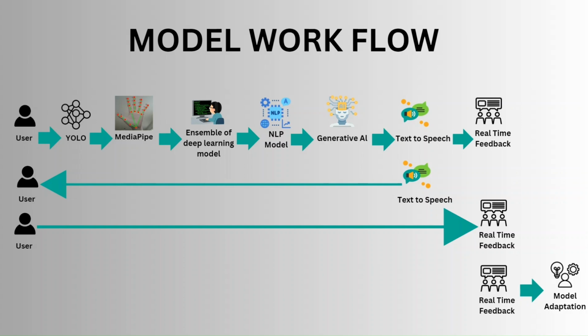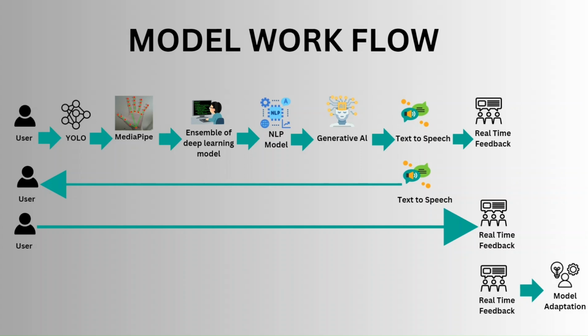We utilize advanced Gen AI models such as GPT to refine and structure the text into meaningful, contextually appropriate sentences. The Gen AI model adds missing words, corrects grammar, and forms coherent phrases that mirror natural human conversation.